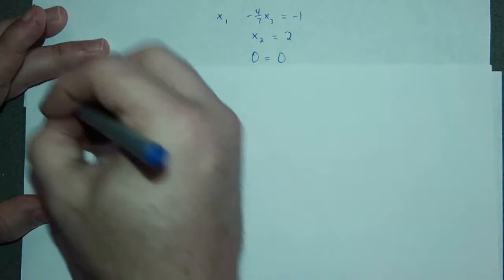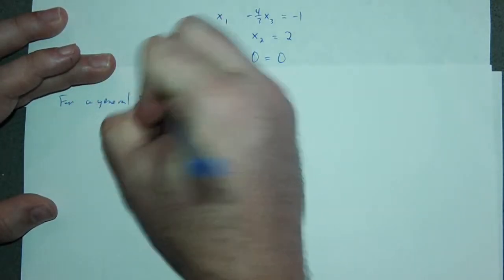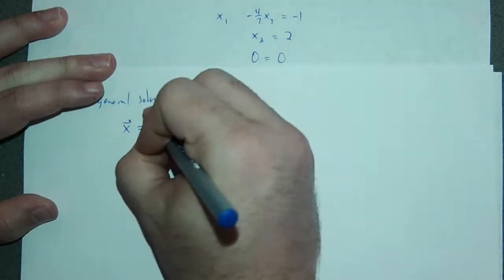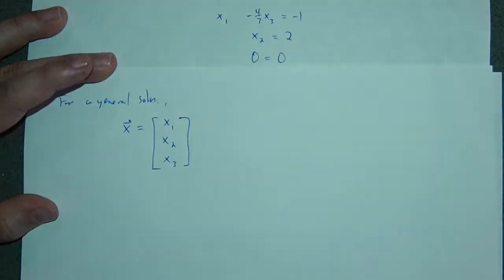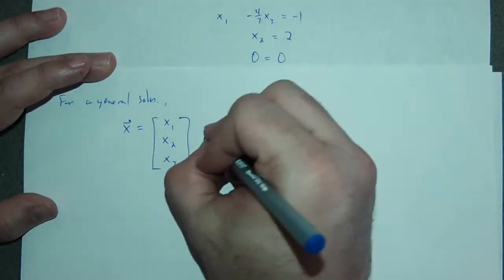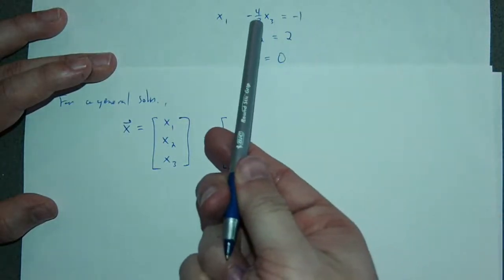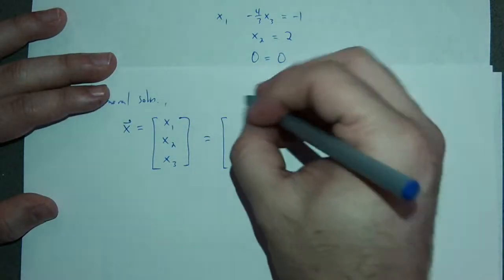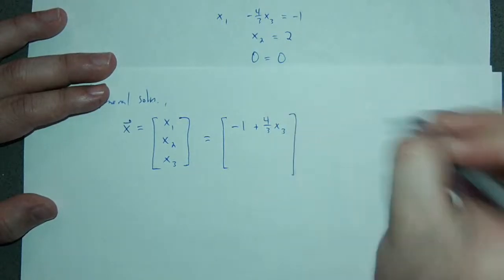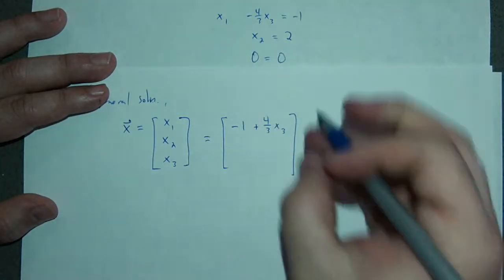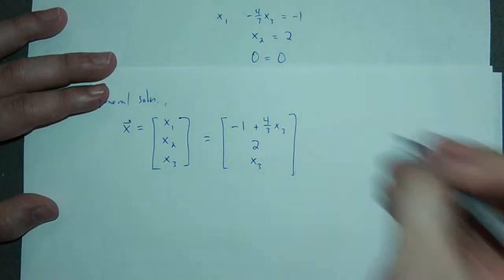So this means that for a general solution, x, which is completely general, x sub 1, x sub 2, x sub 3, from these equations, is equal to: x sub 1 is, if I move 4/3 x sub 3 to the other side, minus 1 plus 4/3 x sub 3 in the first slot. In the second slot, x sub 2 is equal to 2. And in the last slot, x sub 3 is equal to itself because it's the free variable.